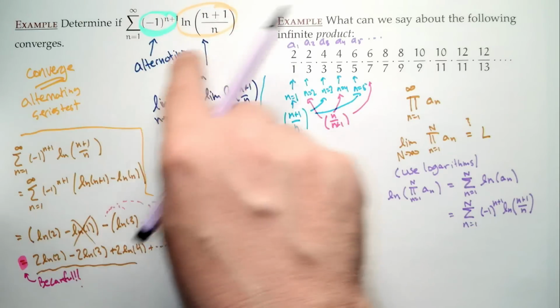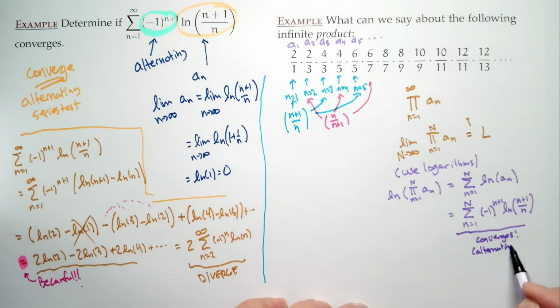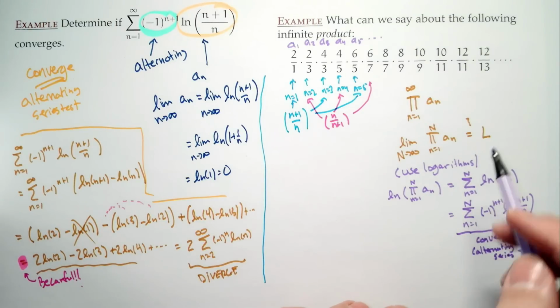See, I'm already circling this side here. And we know that this converges because of what we did on the left-hand side, alternating series. So our conclusion is, does this limit converge?